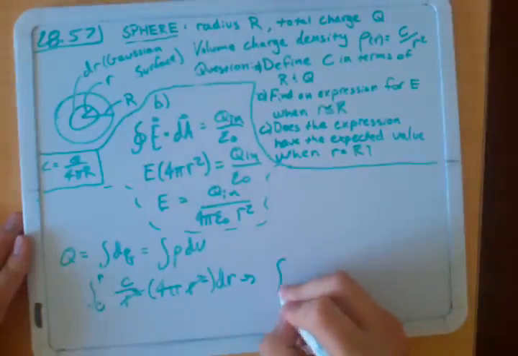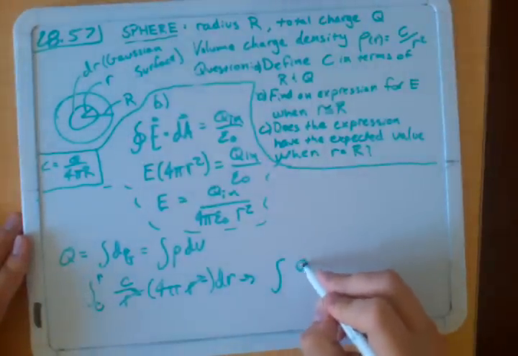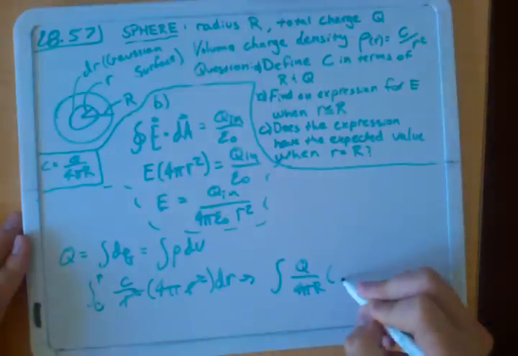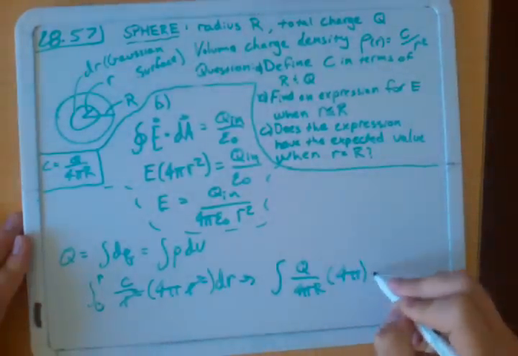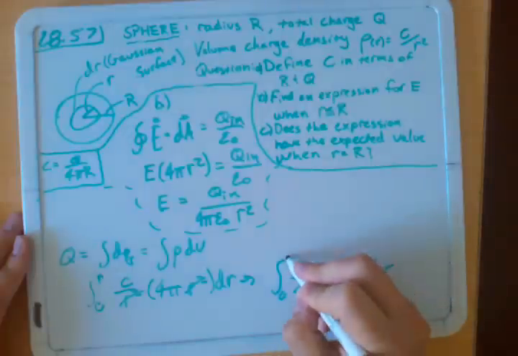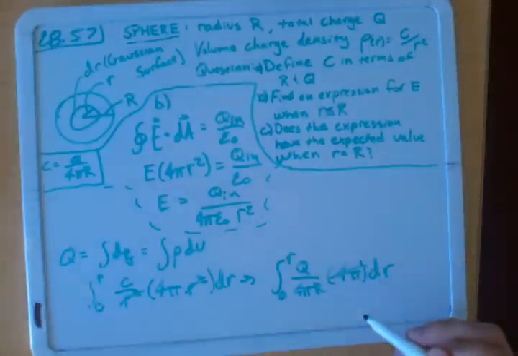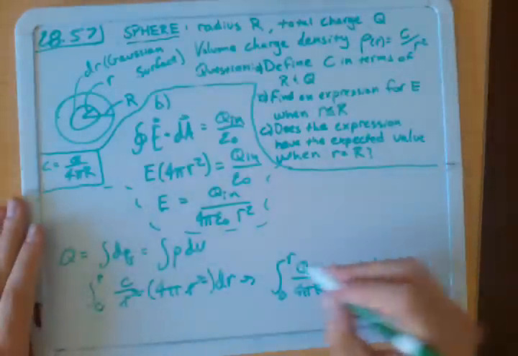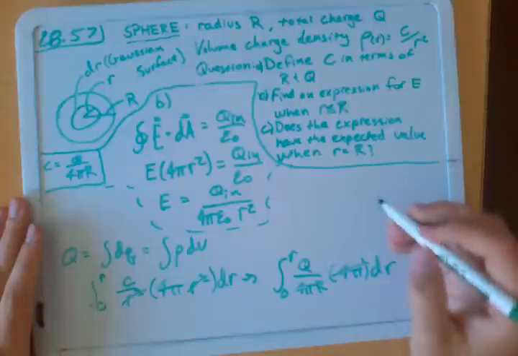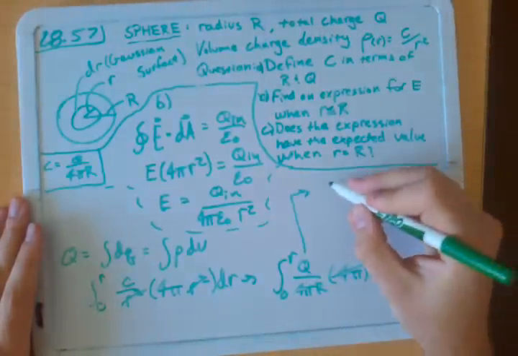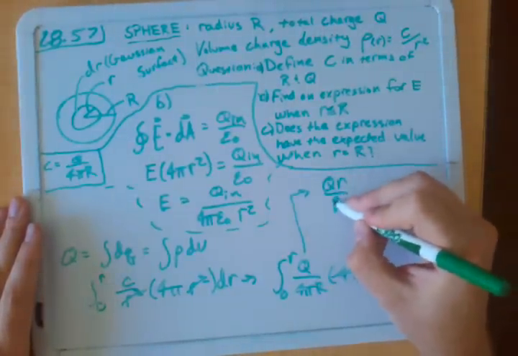So then this is going to become Q over 4 pi R times 4 pi dr from 0 to r. And as you can see, the 4 pi's cancel. So then, for dr, it's going to be just r. So then it's just going to become Q r over R.